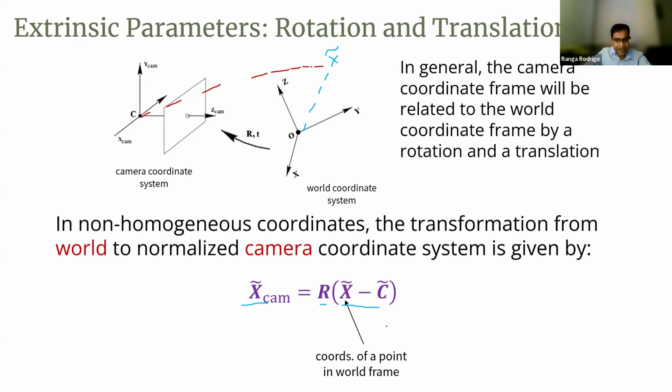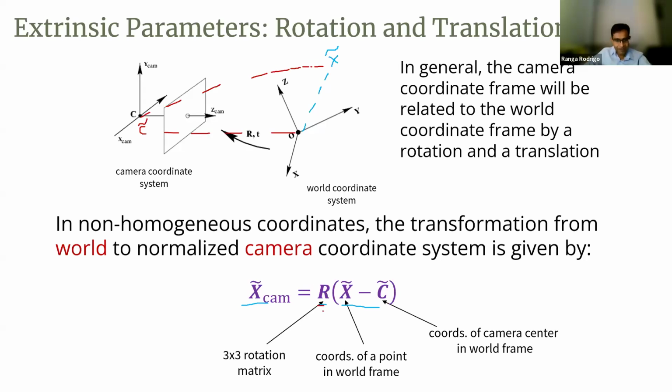You can see that. So what we have to do is we subtract the camera center. This is the coordinates of the camera center in the world coordinate frame. So this is the C tilde. With respect to the world coordinate frame, what is the camera center? We subtract that, so you can see that we get the difference, and we have to multiply by the rotation matrix. So this is the 3D rotation matrix.